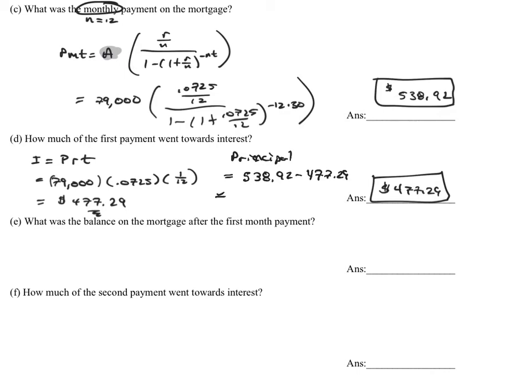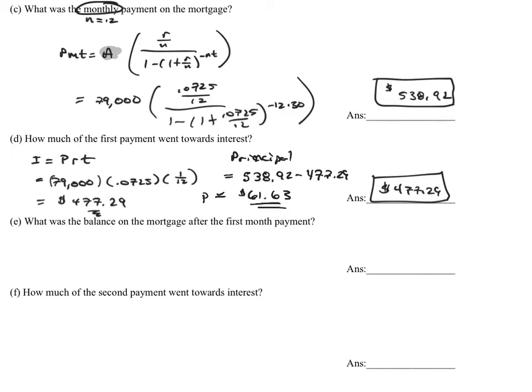This gives us the total amount that goes towards principal. Out of your nearly $540 payment, the amount that goes towards principal is a whopping $61.63. Woohoo! That's a huge amount that goes towards my loan, right?